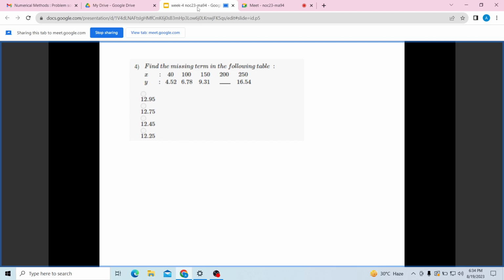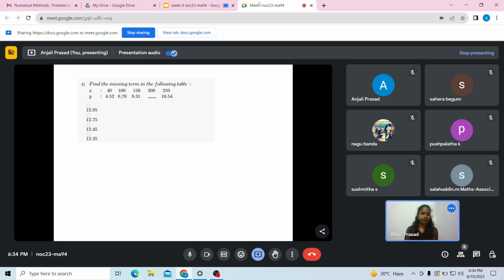Try to solve it using the difference operators, since you have not been told to use any particular method. So try to solve it using the difference operators. What you are getting is the value at x equals 200. Try to use the difference operators.